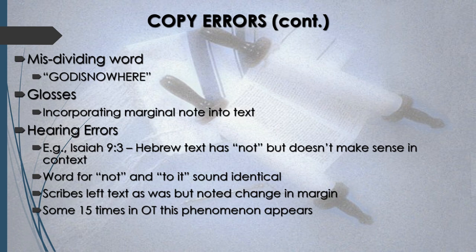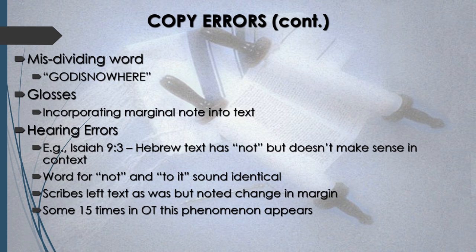The other thing is called a gloss, and this is when you would incorporate a marginal note into a text. So say you have your textbook, or you have some book you're reading, or perhaps you're a religious person and you have a copy of your scriptures that you carry with you, and you have someone that gives you an explanation of something.